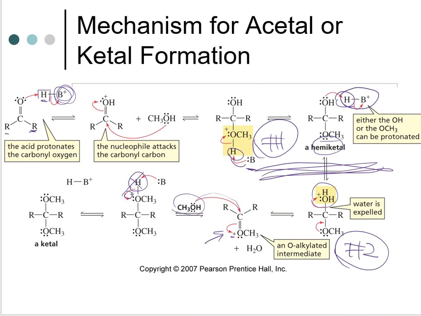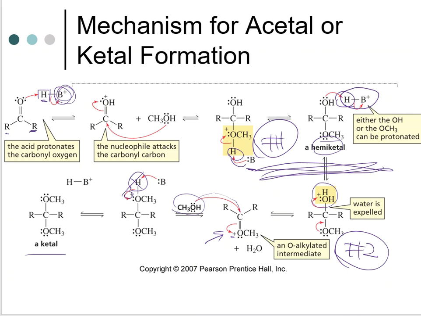In the second step, water is removed. That frees up a spot on the carbon, and the alcohol goes in for the kill for a second time. And when that happens, we form another O, and in this case CH3 molecule, and that puts that group onto the carbon. So this gives us our ketal in this example because it all started with a ketone, and that is why we use that definition.